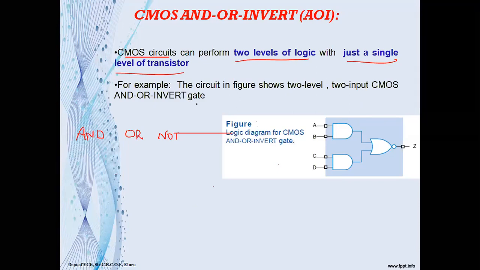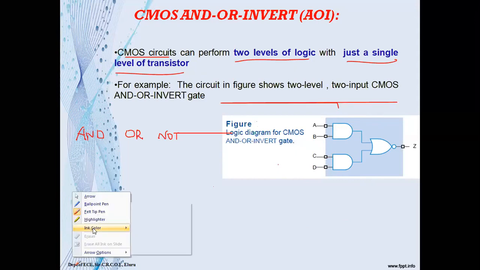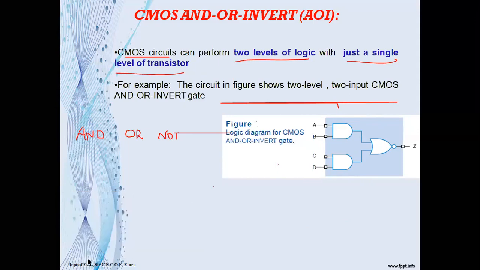So what do you mean by this single level of transistors? See, for example, take a two-level logic circuit. Here you can see the diagram. The figure shows an AND-OR-invert gate. In this, we have two stages, stage 1 and stage 2.